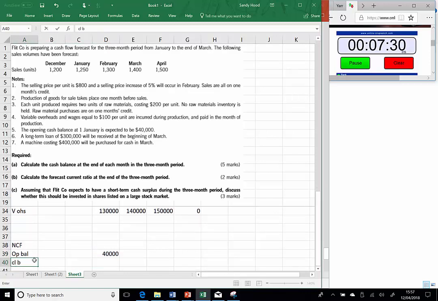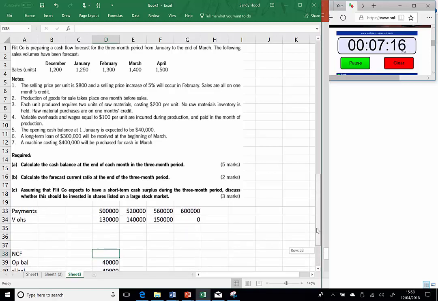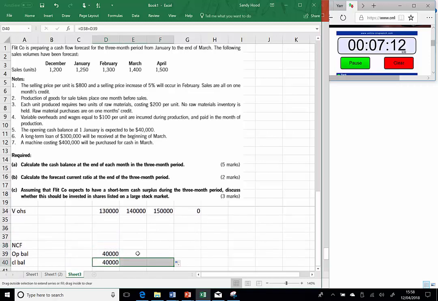Closing balance at the end of January is going to be whatever the net cash flow is plus the opening balance, and that I can run along. And here my closing balance is going to be my opening balance the following month. And although all these figures look wrong, it's because I haven't done the adding up yet.